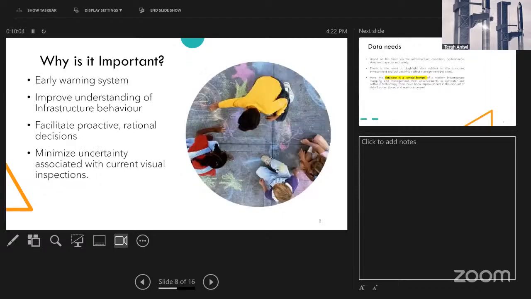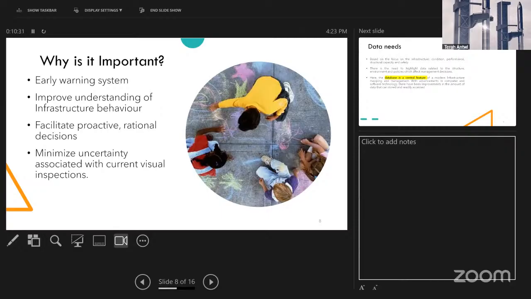So why is this even important? What is the motivation? Why should we even go smart? It's important for early warning systems. If we are stuck in visual inspection, then the uncertainties remain high for the infrastructures that we use. There is a question mark on the safety whilst we are using it, and a question mark on the cost when it fails.